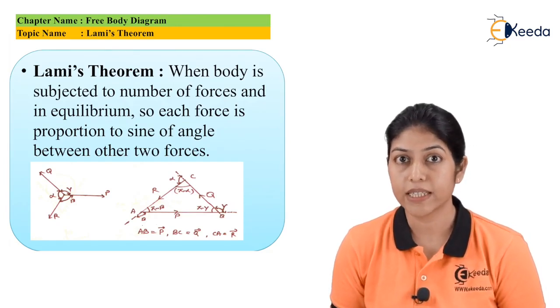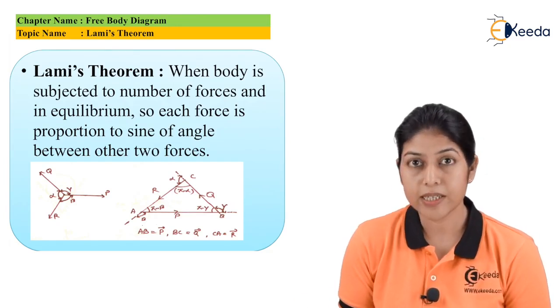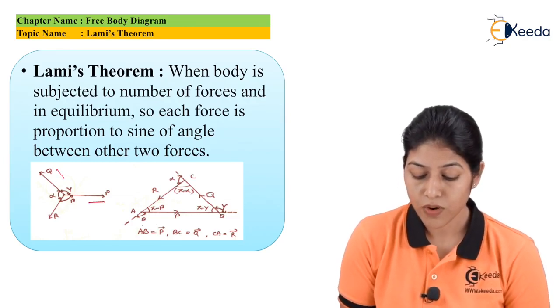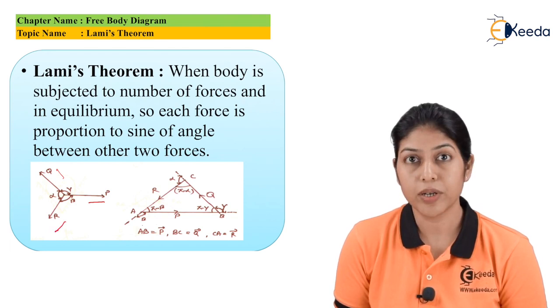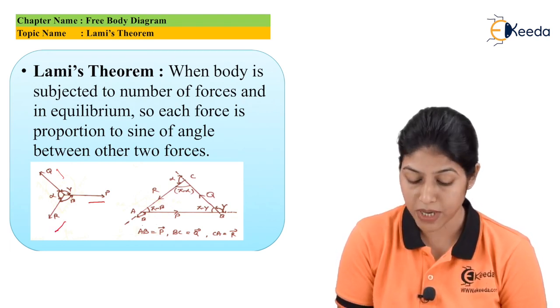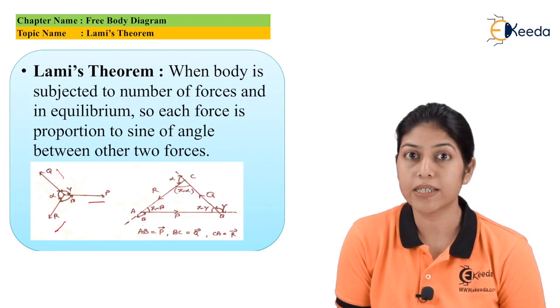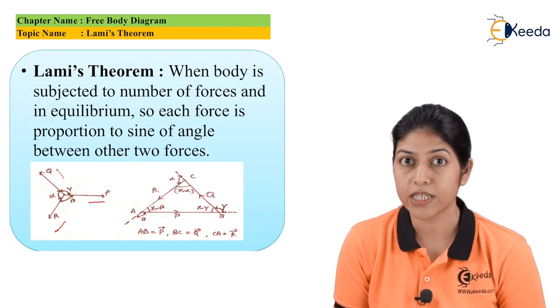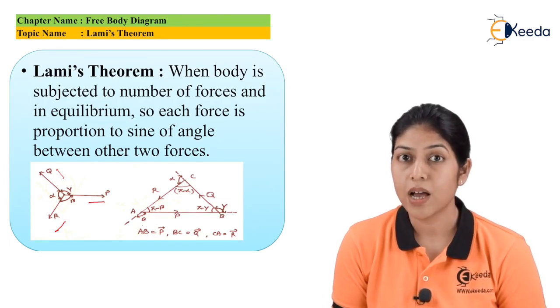Here you can see this diagram. In this diagram you can see three forces, force P, force Q and force R in three different directions, and these forces are concurrent forces, which means the lines of action of these forces pass through a single point.